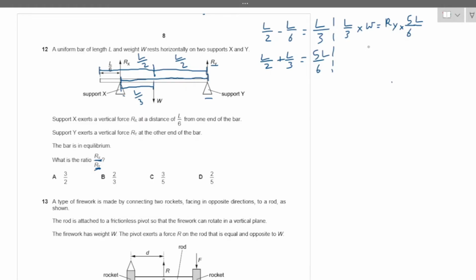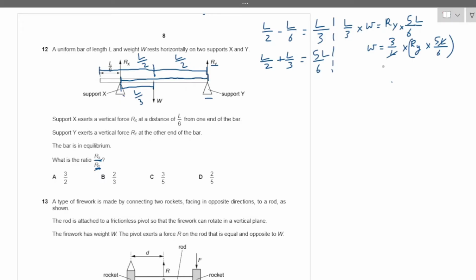Next, we just need to simplify it. As I said, we need to eliminate W in this case. So we're going to make W the subject, so that we can substitute it into the second equation, which we will form in a minute. So this would be 3 by L multiplied with Ry multiplied with 5L by 6.